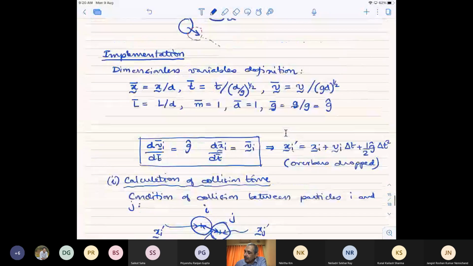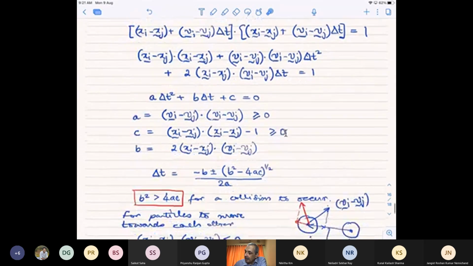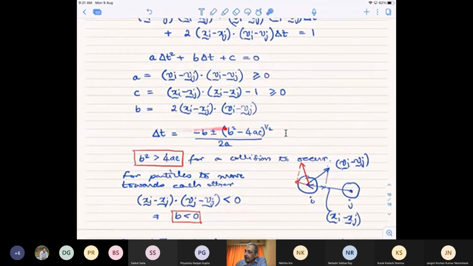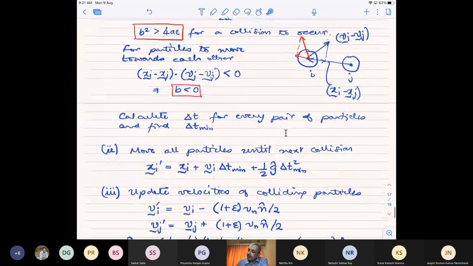And to do that, we use the condition that the distance between the centers at the point of collision is equal to 1. We get a quadratic equation for that. We also get a condition that for a collision between two particles to occur, you must have this satisfied. So we find the delta t for every pair of colliding particles and then find the minimum value.